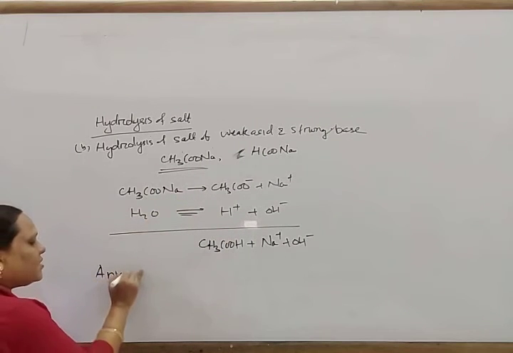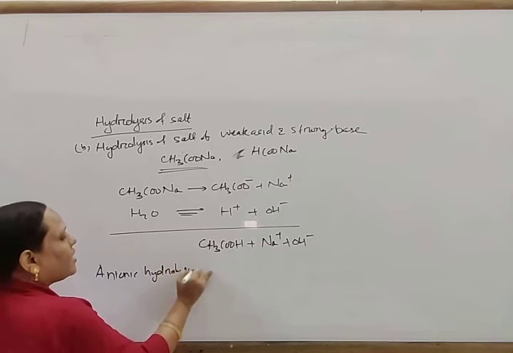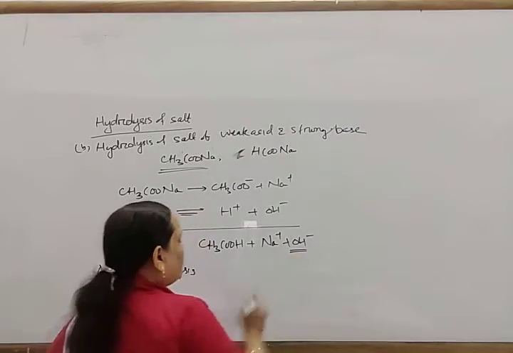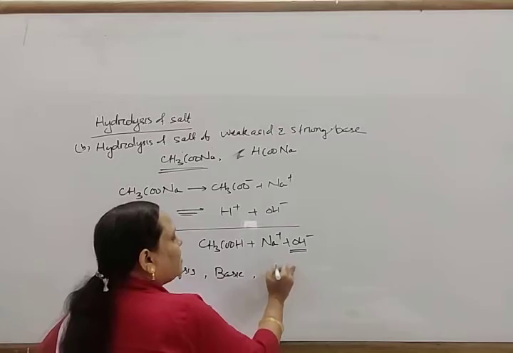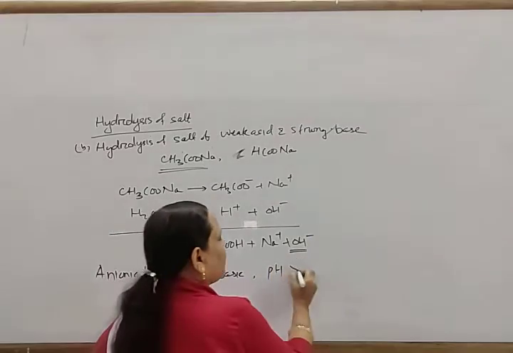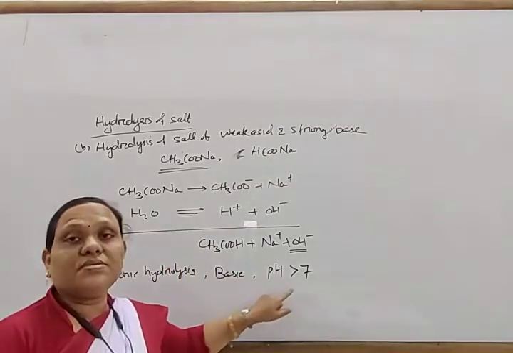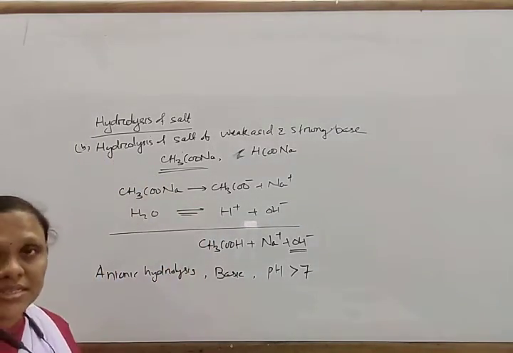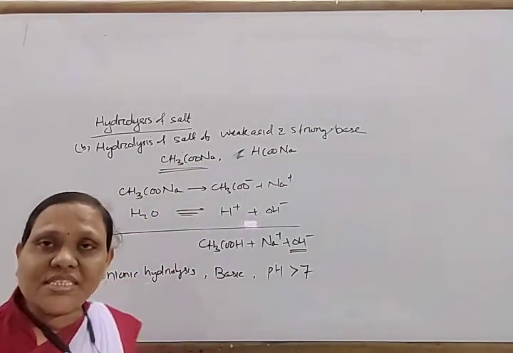This is called anionic hydrolysis, and the resulting solution contains more OH minus ions. This is basic, and the pH value is greater than 7. In this way, the hydrolysis of salt of weak acid and strong base takes place.